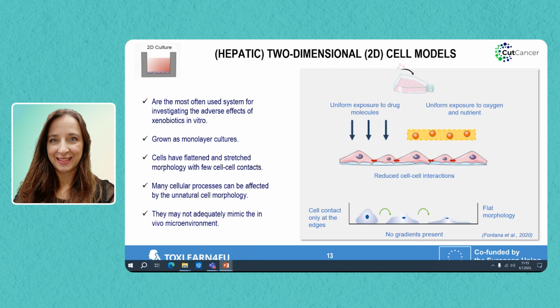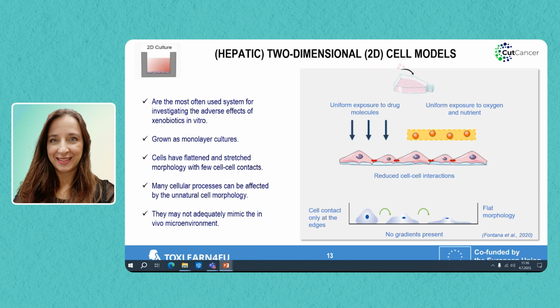I'm not sure how much you know about cell biology, so I will explain a little bit. When we have hepatic or any other type of cells in two dimensions, they are grown on the surface of the plastic. We say they grow in monolayer culture. So the cells have contact with each other only in a limited area, and the communication between the cells is very poor.